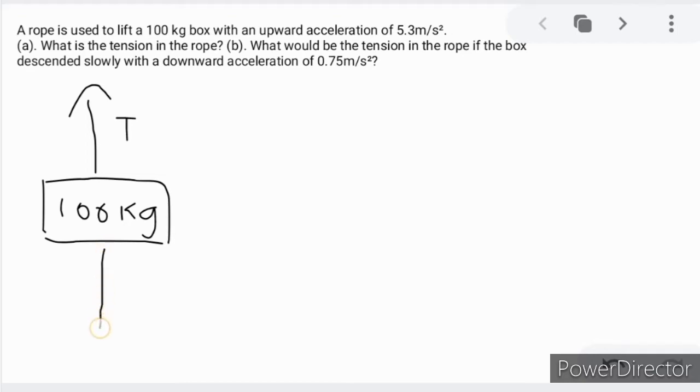Aside from that, we also have a force here, which is the weight. Weight is mass times gravity, and according to the given, there is an upward acceleration of 5.3 meters per second squared. Therefore, our F net is in upward motion, or in the positive direction.